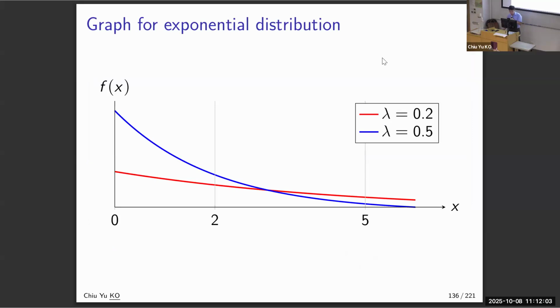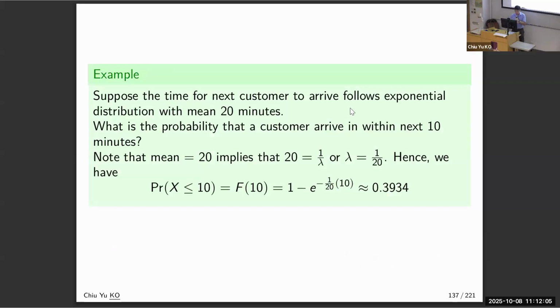Okay. And I think with the example, say the time for a customer to arrive follows exponential with mean 20. Okay. So that means that our lambda is 1/20. Because our lambda comes from Poisson, right?